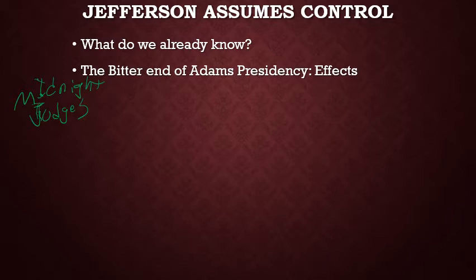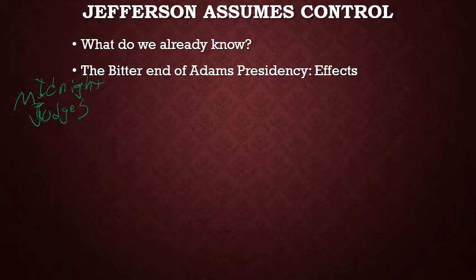Okay, like I said, the Federalist Party's in trouble. When Adams leaves, it was a long trip back to Massachusetts. He doesn't wait. The custom would be to greet the new president as they're coming into the White House, which was just called the Executive Mansion back then, and show him around.